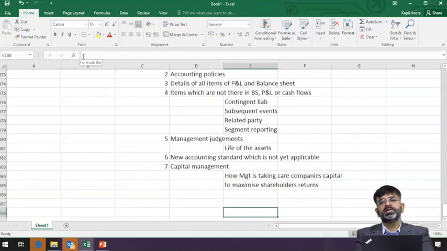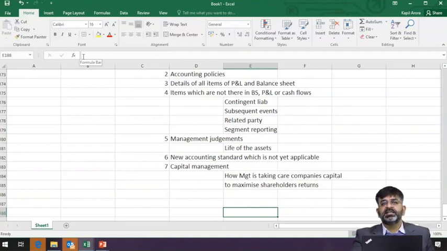Right? How they are arranging the capital, how they are using the funds. For example, if a company needs funds, whether to go for equity or whether to go for a loan, how the company is deciding that, how management is deciding that, everything needs to be explained.